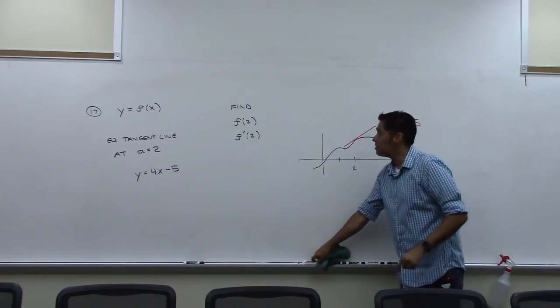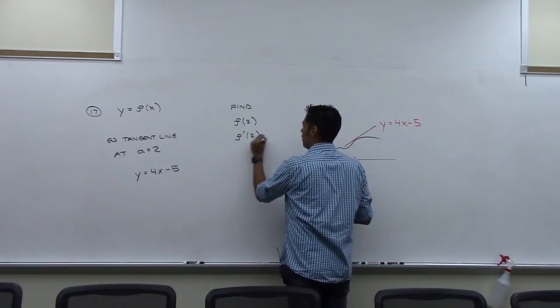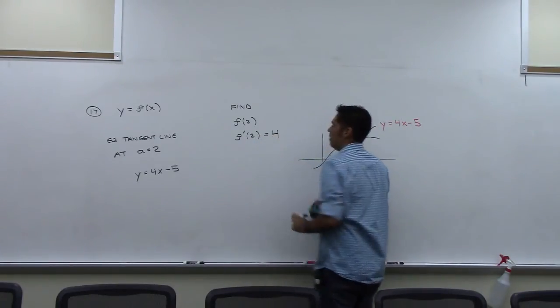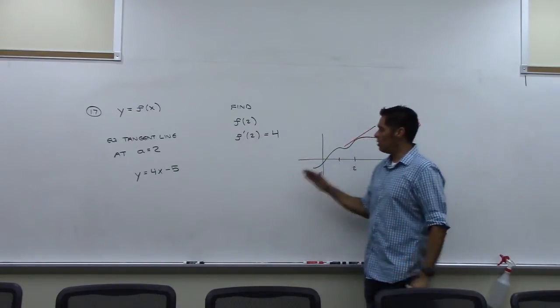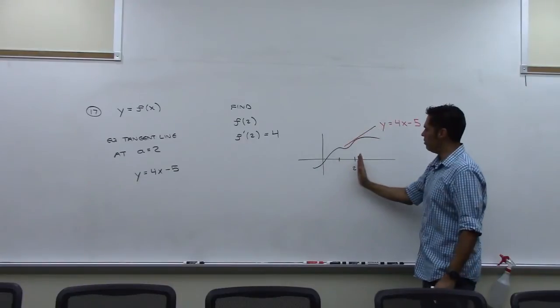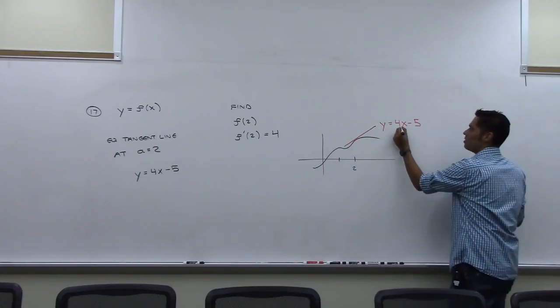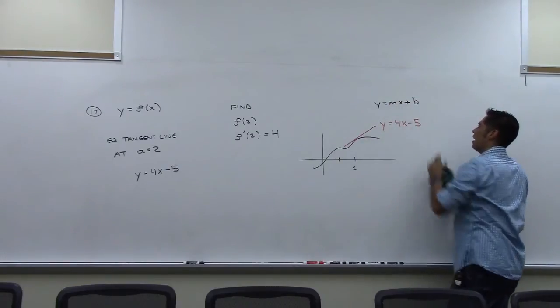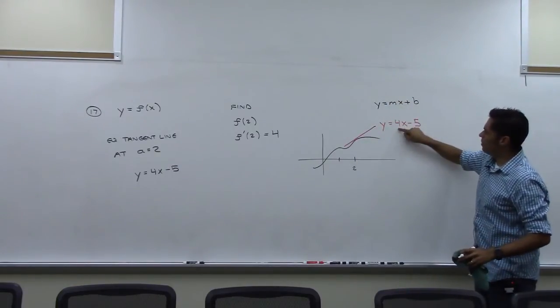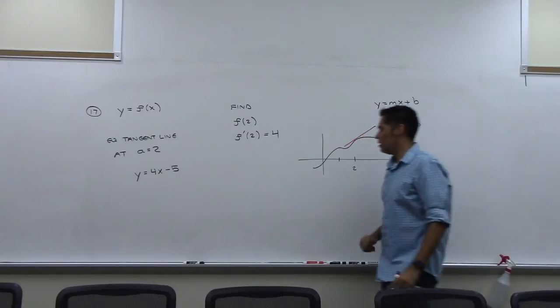Well, I can answer the second one right off the bat. I know that this is 4. Now the reason why is because by saying f prime of 2, you're saying what's the slope of this tangent line at 2? Well, we already know the slope of the tangent line from the equation y equals mx plus b, which is what we're looking at here, that this number in front is the slope. So I know that the slope of the tangent line is 4.